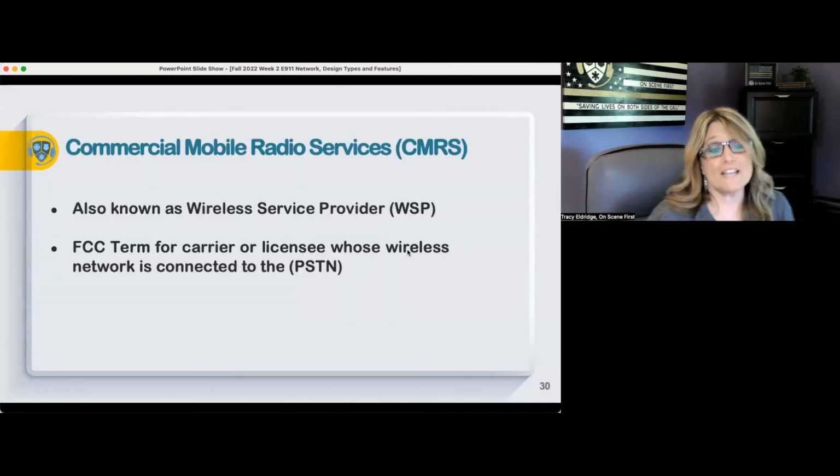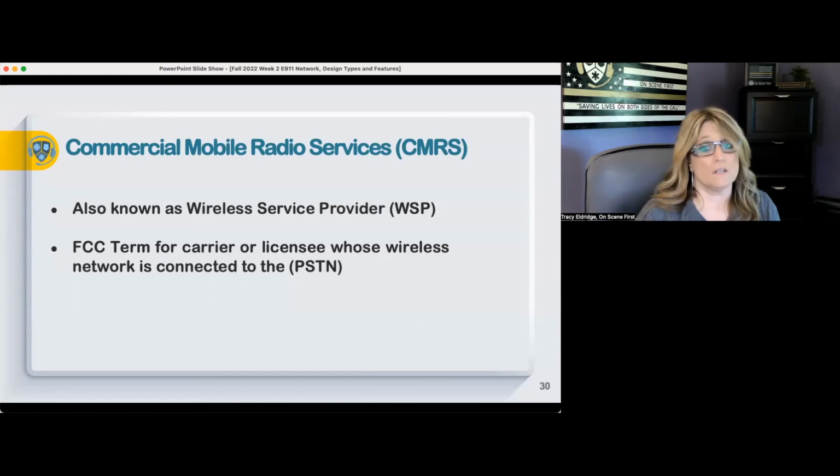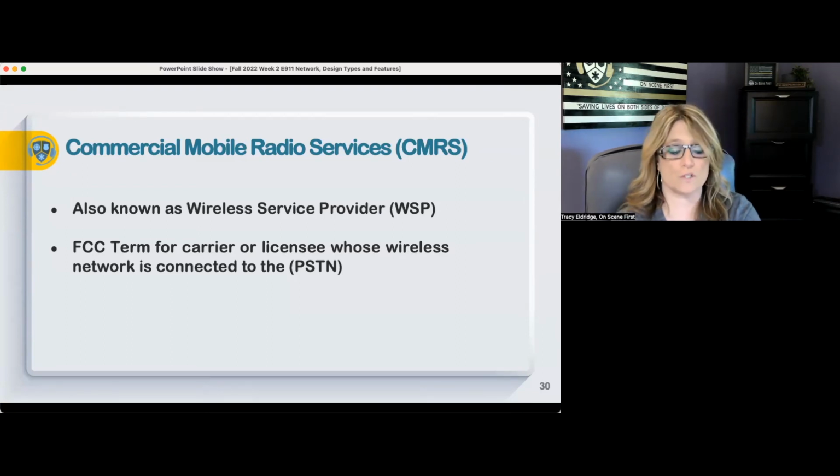So this is listed in your study guide, just some information, more acronyms. A commercial mobile radio service, CMRS, is also known as a wireless service provider. It's the FCC term for a carrier or licensee whose wireless network is connected to the public switched telephone network.